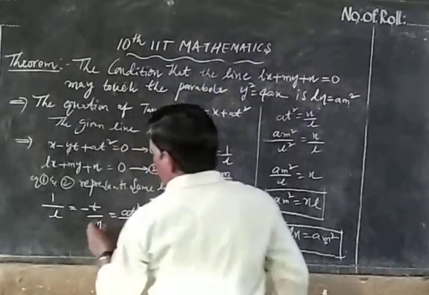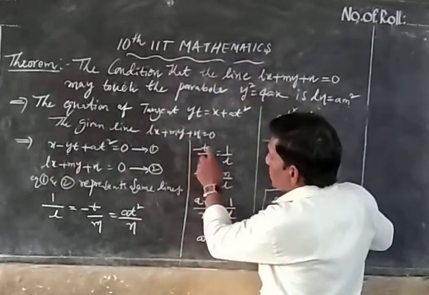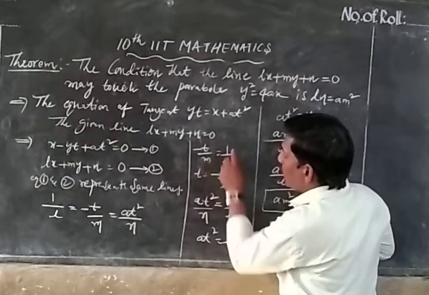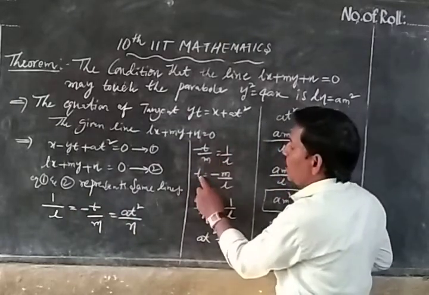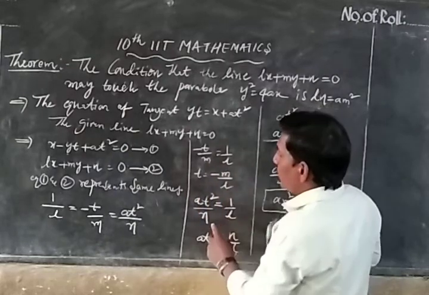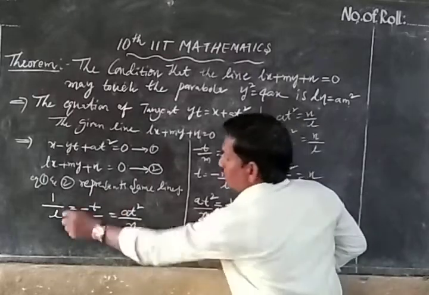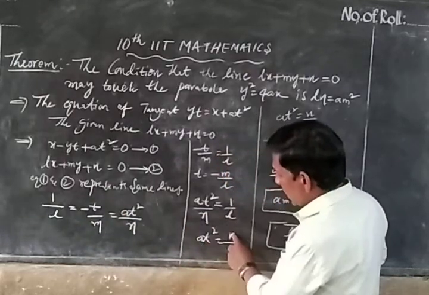So take minus t by m equal to 1 by l. That means, by transposition, t equal to minus m by l. Here again at square by n equal to 1 by l, so we need at square equal to n by l.